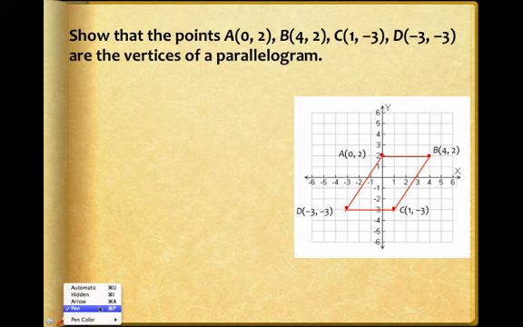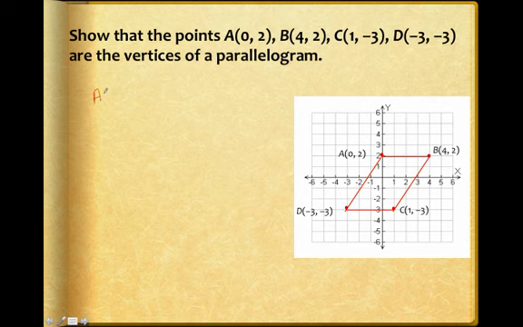So I've got this side AB, and I'm going to determine the slope for AB, and the slope there is 2 minus 2 over 4 minus 0, so I have 0 over 4, or 0.